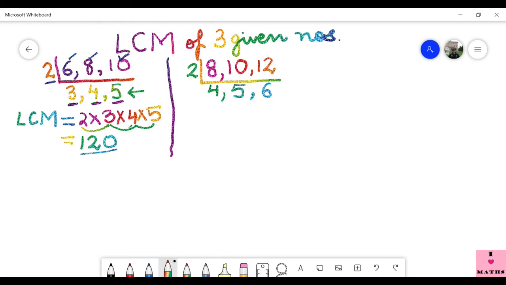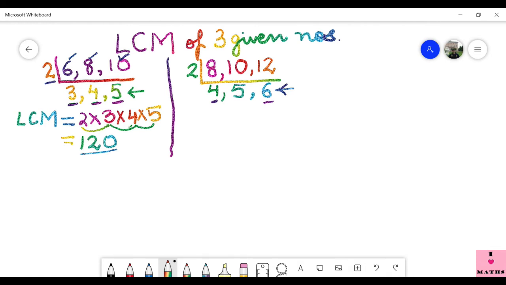Now we have to find a prime number which can divide these three numbers fully. Now there is no prime number which can divide these three numbers fully. But there is a prime number which can divide 4 and 6 fully.